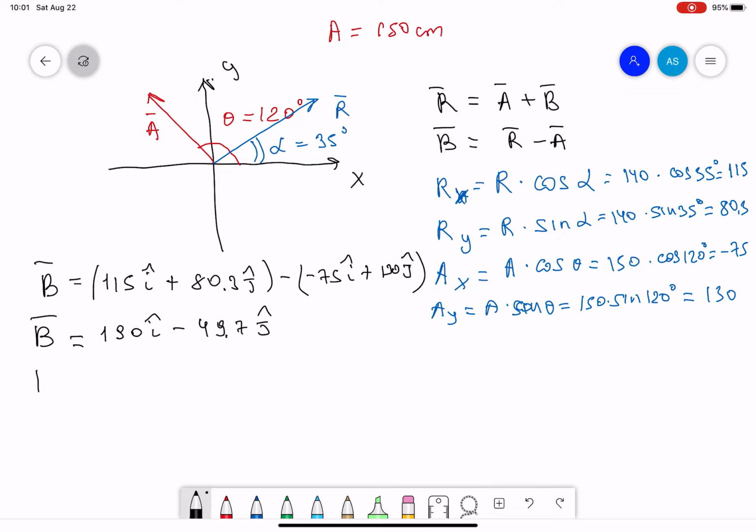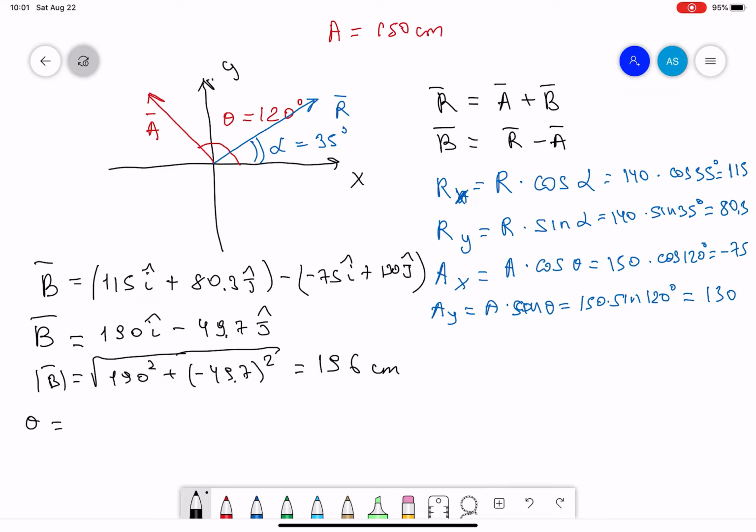Okay, now how can you find the magnitude? The magnitude of the B vector is equal to, using the Pythagorean theorem, the square root of 190 squared plus 49.7 squared, which should give you 196 centimeters. Now, how can you find the angle?